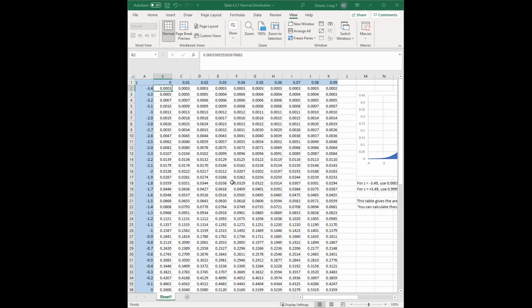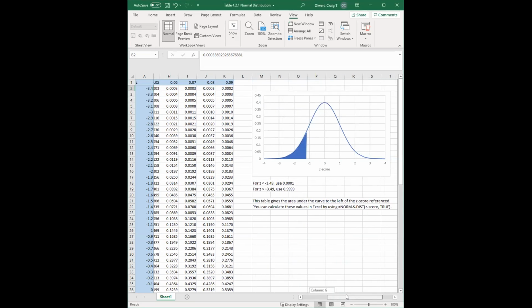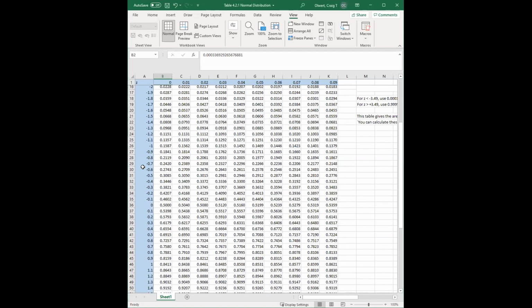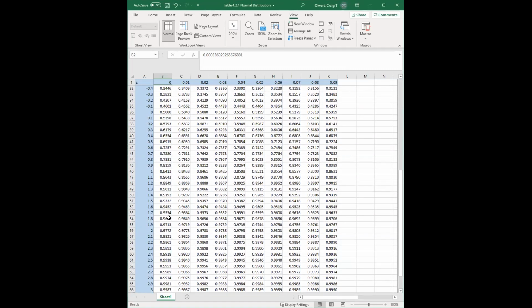The standard normal distribution table will give us the area to the left of any z-score. The graph at the right reminds us that we are given the area to the left. We want to find 1.83. So scroll down to find 1.8, which is row 54. The first column is 1.80.